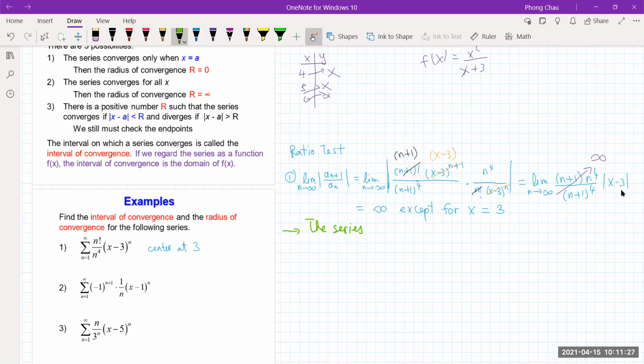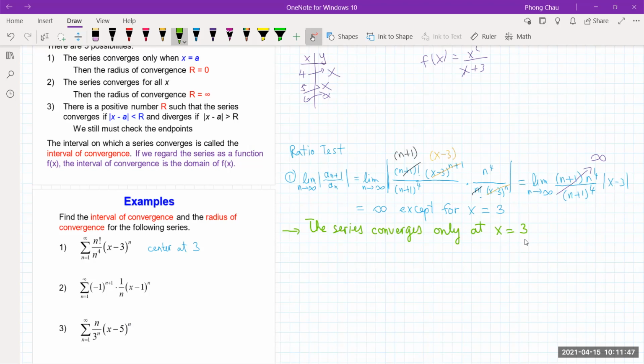That is when you get 0 for the limit, smaller than 1, so it converges. So the series here converges only at x equals 3.